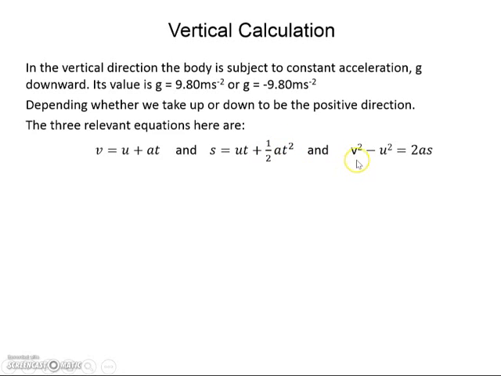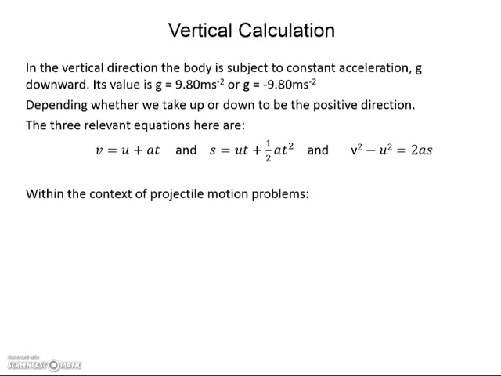And the third one is v squared minus u squared equals 2as, or velocity squared equals initial velocity squared plus 2 times acceleration times the displacement. As long as you have those written down, you'll be able to figure out which one you need to use depending on what information they've given you in the question. We'll cover that a lot in some examples so that you can see how they're applied.